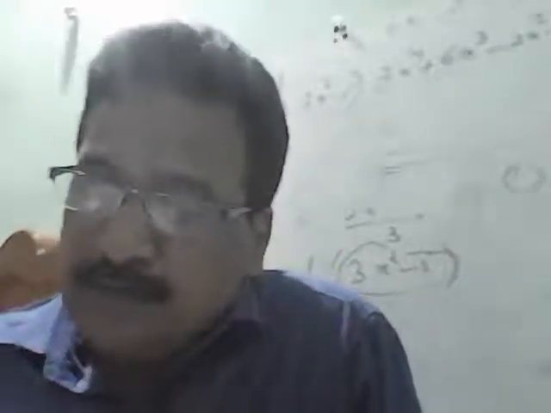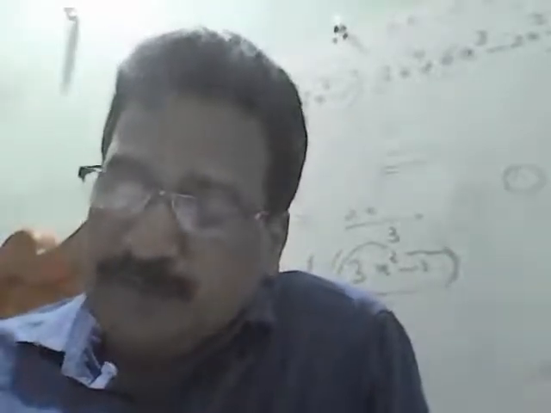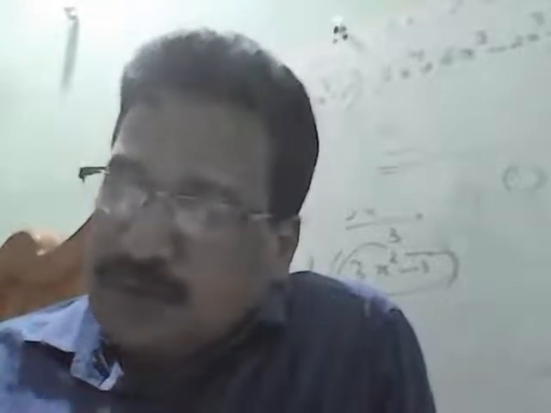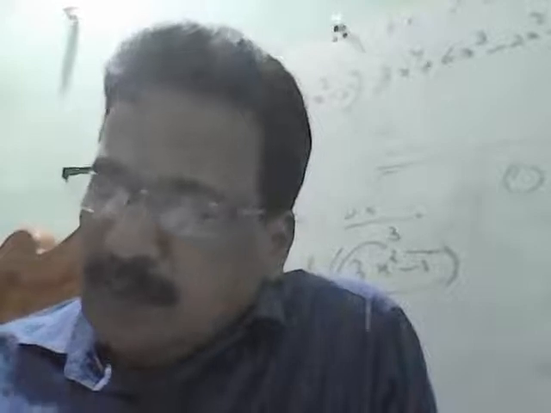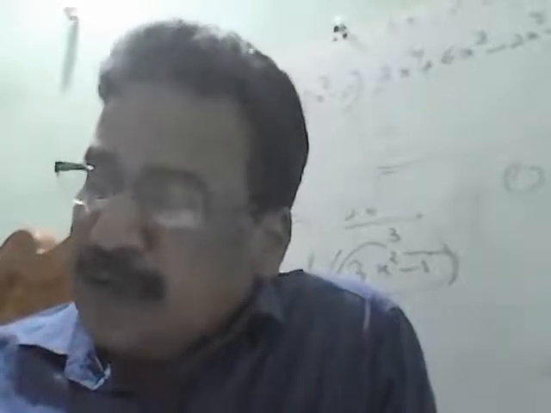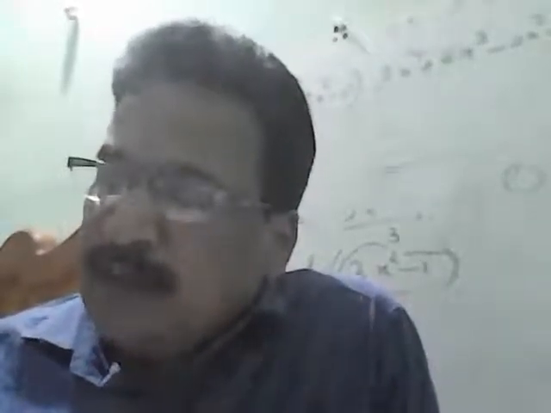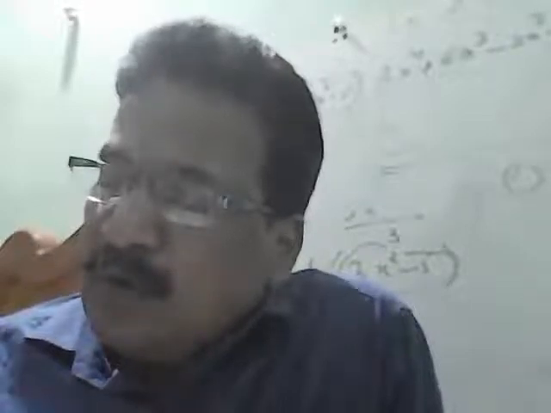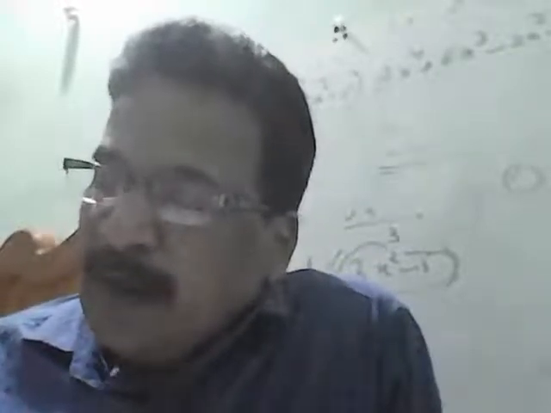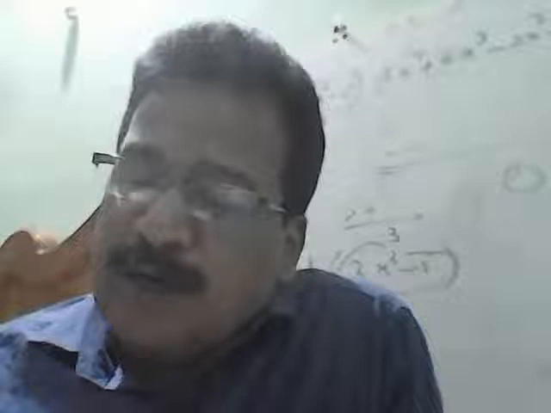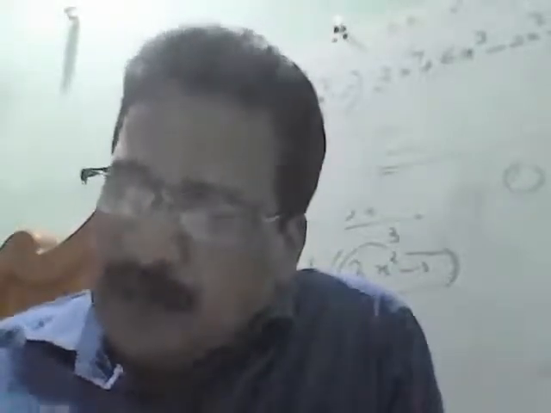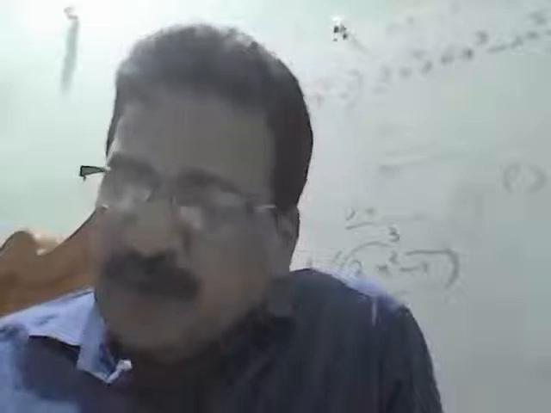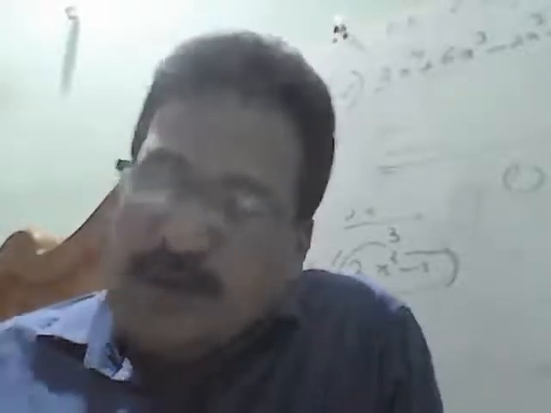When it is required to write all zeros, write all zeros, including the two given zeros, like in Example 9, where the instruction is to find all the zeros. Find all the zeros means you write the given zeros as well as the zeros obtained. But in Exercise 3, it is written obtain all other zeros.